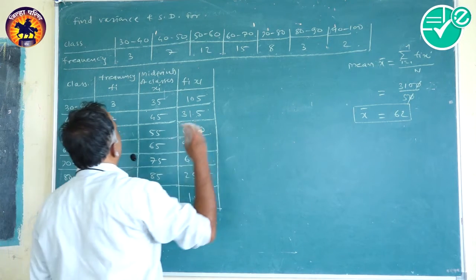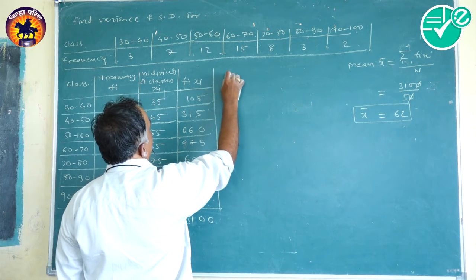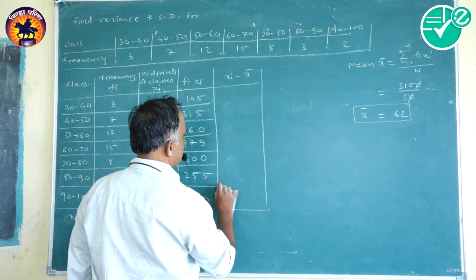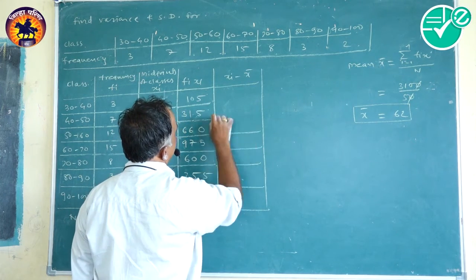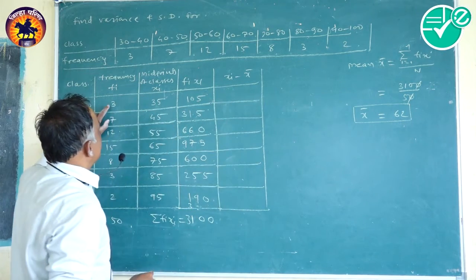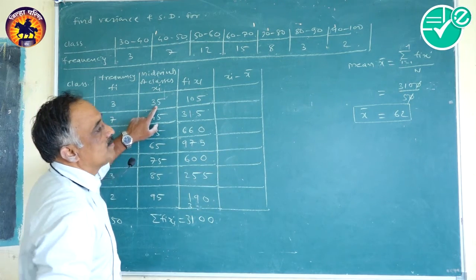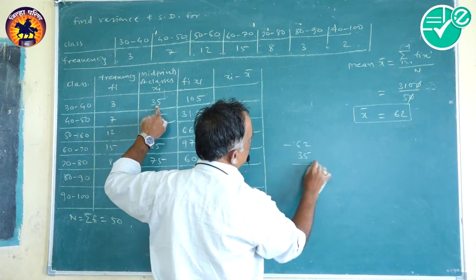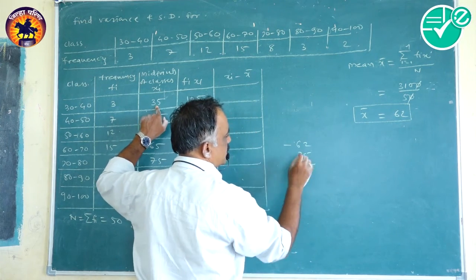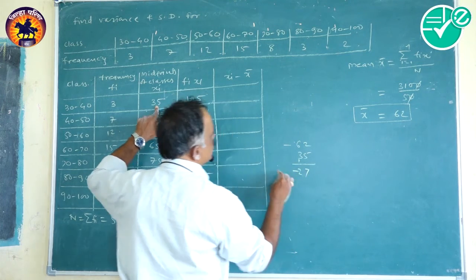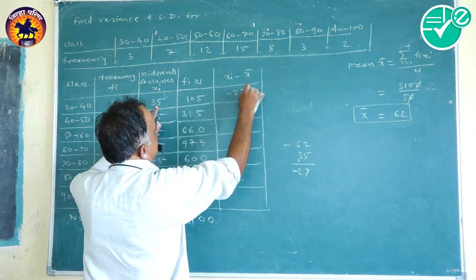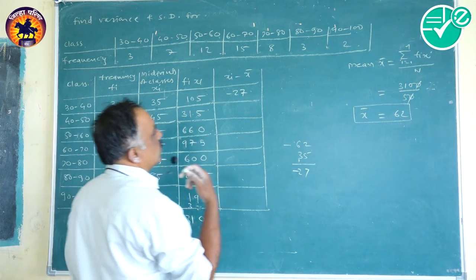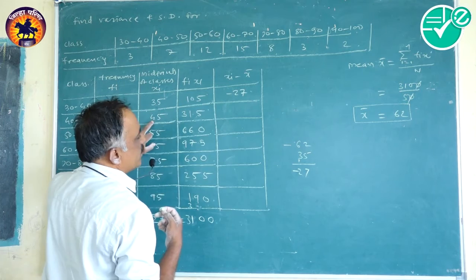To get variance, I need to find xi minus x bar. Xi is, what is xi? 35. 35 minus 62 gives you minus 27. Okay. Then 45.